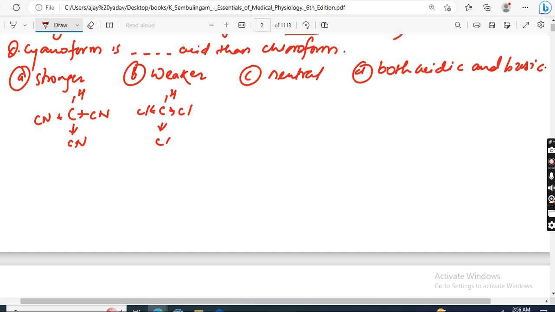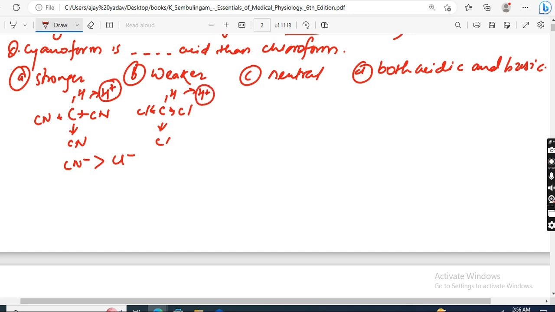You must remember one thing: CN minus is more electronegative than chlorine. So this will attract electrons toward itself, so that hydrogen can be liberated easily from here than here, right?